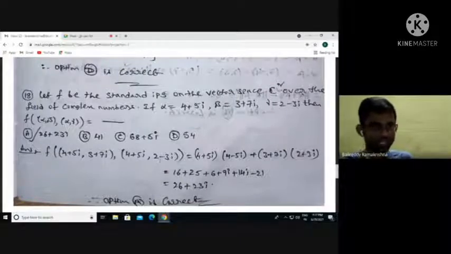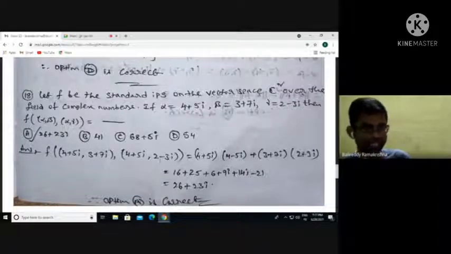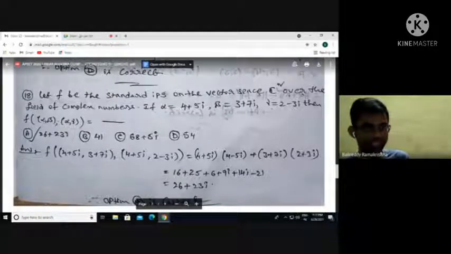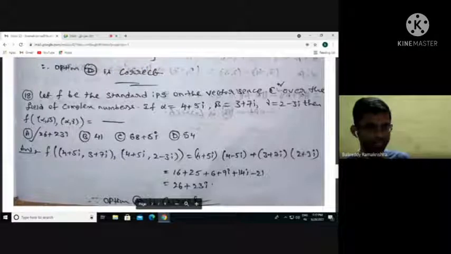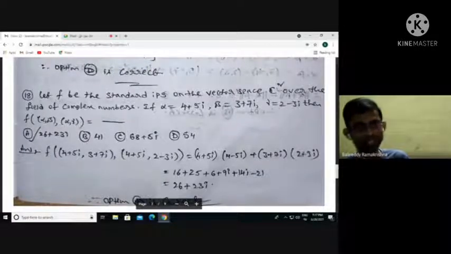So consider f of alpha beta, alpha gamma. Here alpha means 4 plus 5i, beta is equal to 3 plus 7i, gamma is equal to 2 minus 3i. The value is nothing but f of (4 plus 5i, 3 plus 7i), (4 plus 5i, 2 minus 3i).